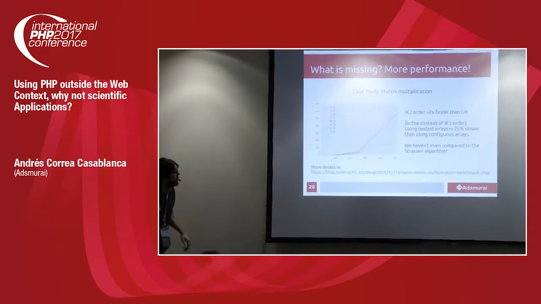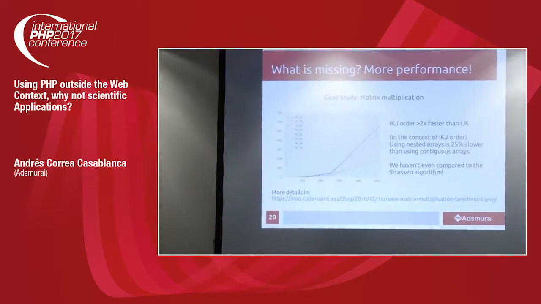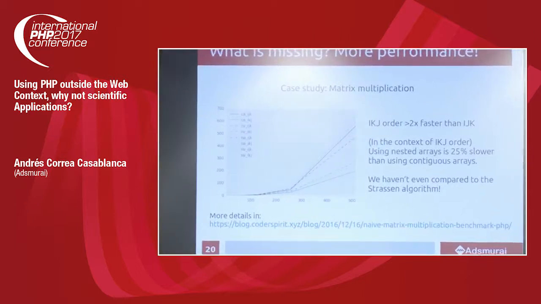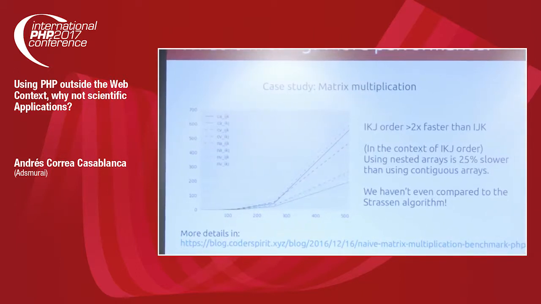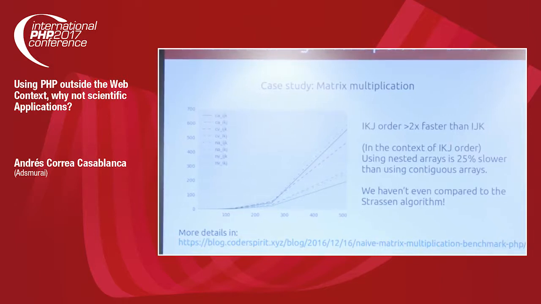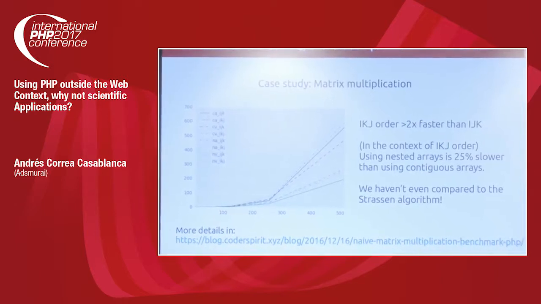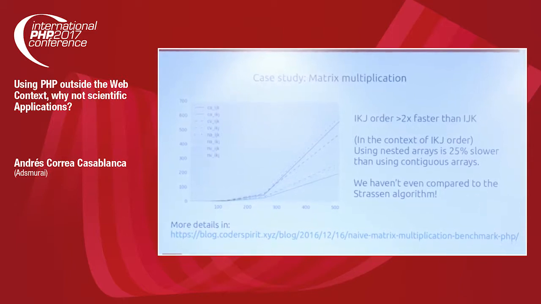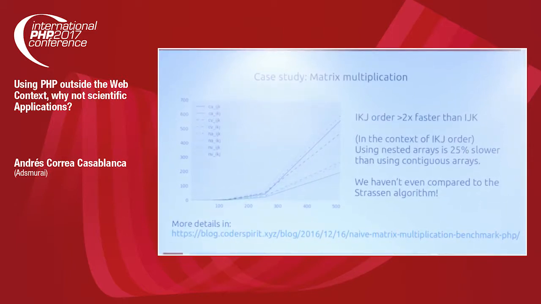So we have a very, very, very much faster implementation compared with what we can find in packages. But if you compare these times with Java implementations, C implementations, you'll want to cry, because PHP is very slow compared to other languages.